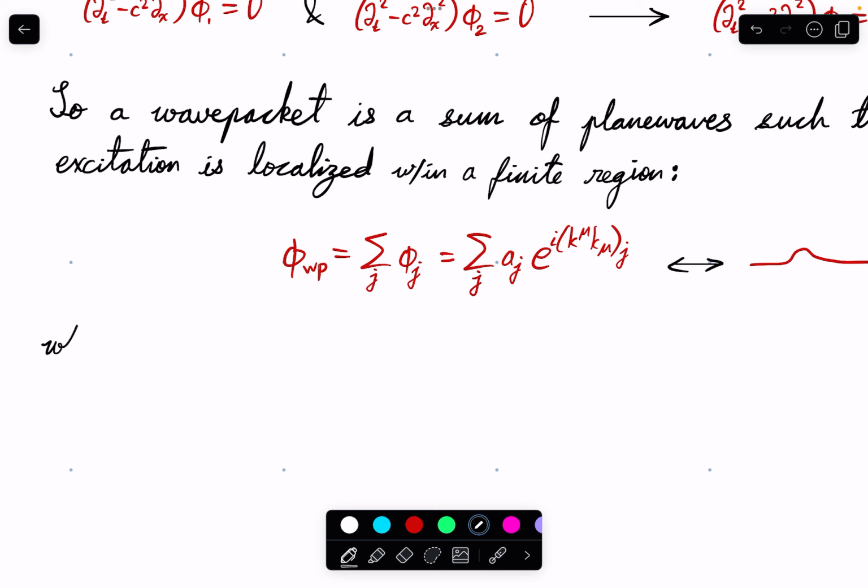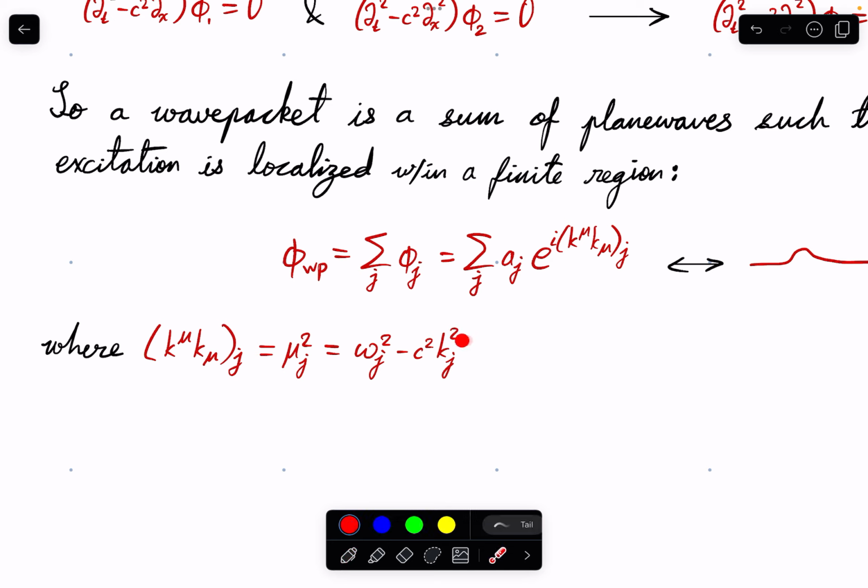And this k mu is equal to the jth mass squared, which is just omega j squared minus c squared k j squared.